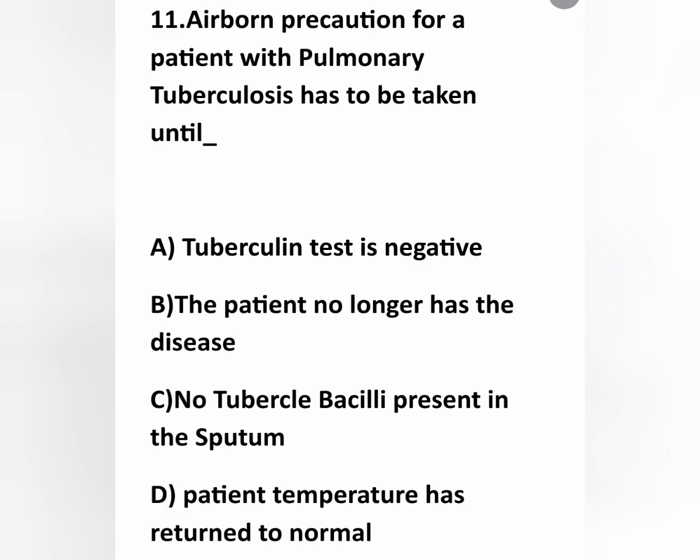Airborne precaution for a patient with pulmonary tuberculosis has to be taken until. Options are: option A tuberculin test is negative, option B patient no longer has the disease, option C no tubercle bacilli present in the sputum, option D patient temperature has returned to normal.